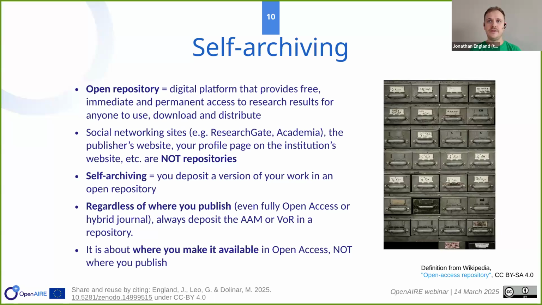One thing that I want to mention is that regardless of whether you paid or not for open access, what we call sometimes gold or green open access, even if you paid to publish in open access in the journal, you should still self-archive a version on a repository. It's really about where you make it available in open access, not where you publish.